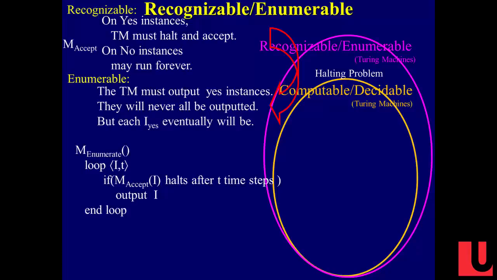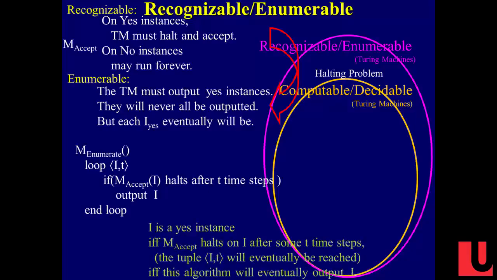Now, of course, this is going to output a particular yes instance many times, but that doesn't matter. We didn't say that was a problem. If you wanted to, you could check whether you've outputted it before and not output it again. But you'll see here that if I is a yes instance, then M accept halts after some number of time steps.